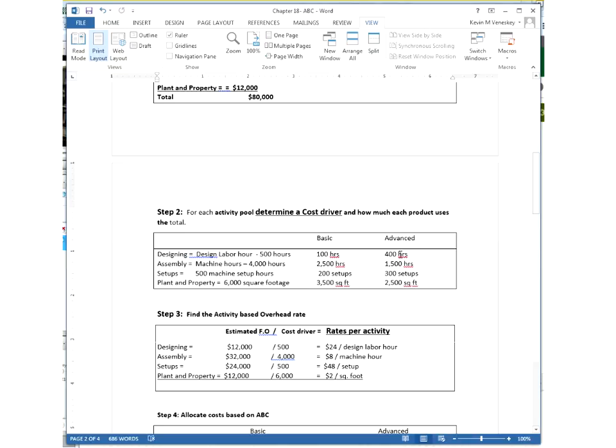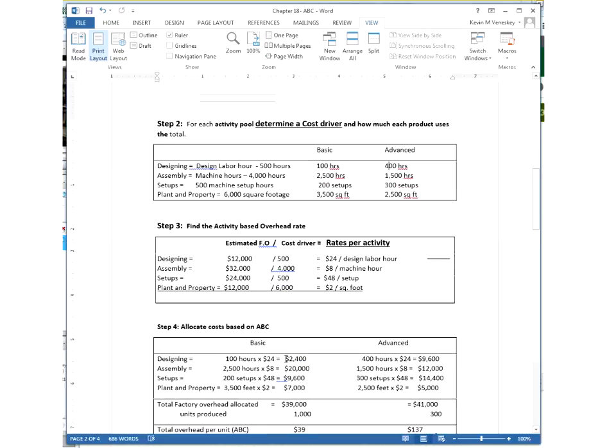Now the final step is just simply taking what we just did, our rates per hour per machine, and combining those with what actually happened. So for the basic, designed $24 an hour for 100 hours, $2,400, compared to $9,600 for the advanced.